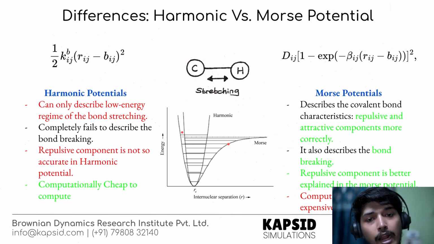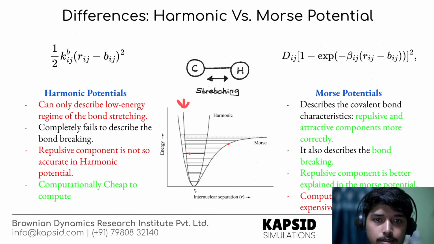The second advantage of Morse potential is that this is the repulsive curve, and the other curve is actually from the harmonic potential. As you see, the repulsive curve is steeper. Since it is steeper, what does it mean?